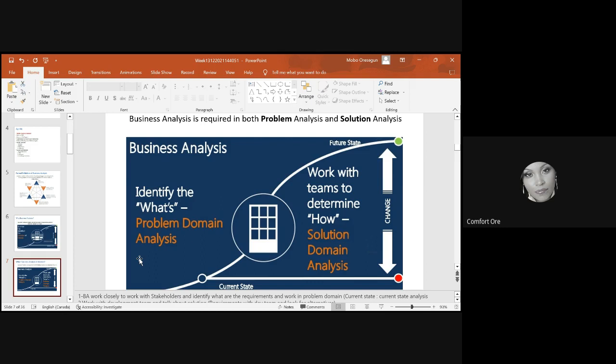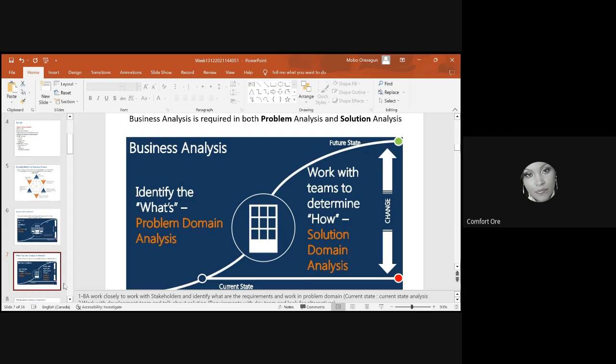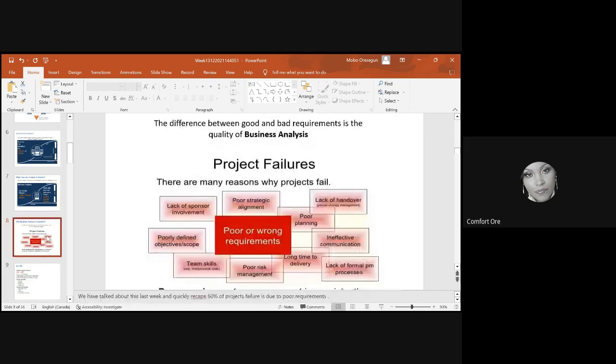If they don't have that problem, they don't need you as a business analyst. So it might be to automate a process, it might be for process improvement, it might be for change management, whatever it's called. There has to be something that you're addressing or you have been called to address, right? As a business analyst. Okay.